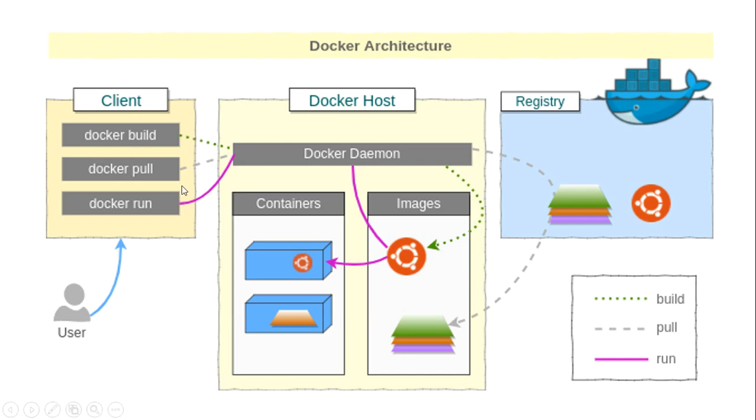So these are a few commands, and there are a couple of others like Docker tag and Docker push. Docker tag is used to tag a version number on that image, and Docker push is used to push our images to the repository.